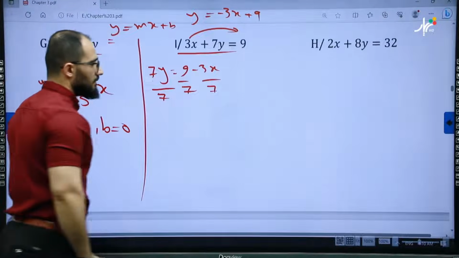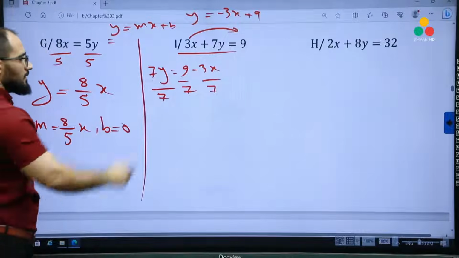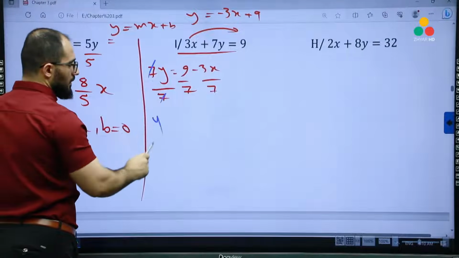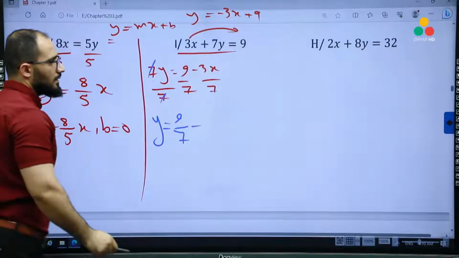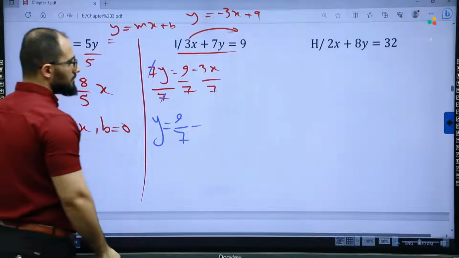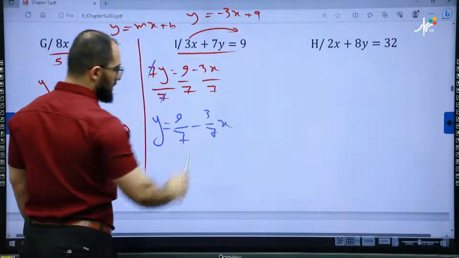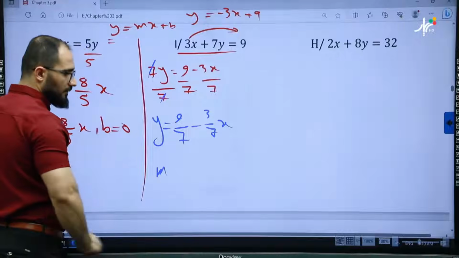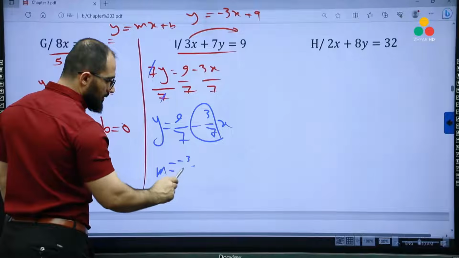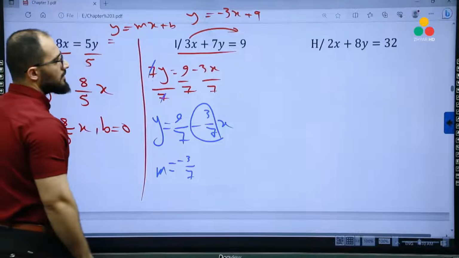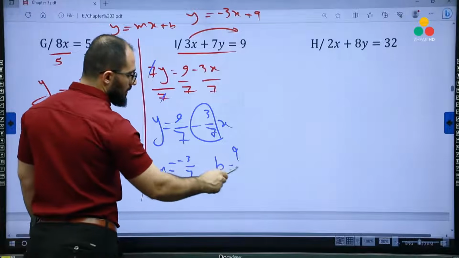We divide all the terms by 7. Then 7 and 7 goes away. Y is equal 9 over 7 minus, okay, minus 3 over 7x.